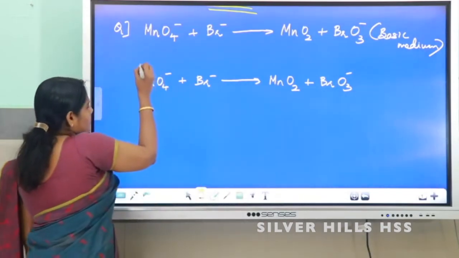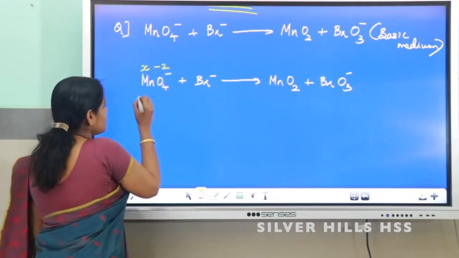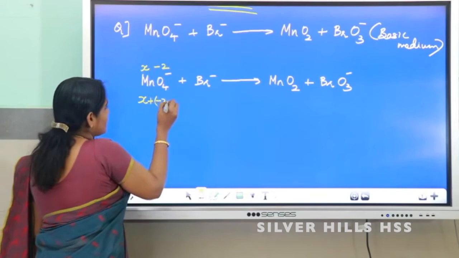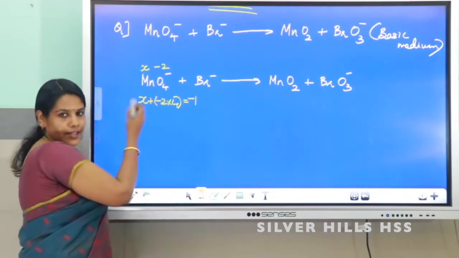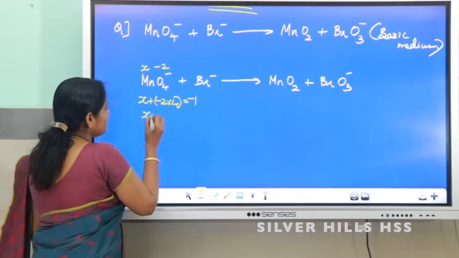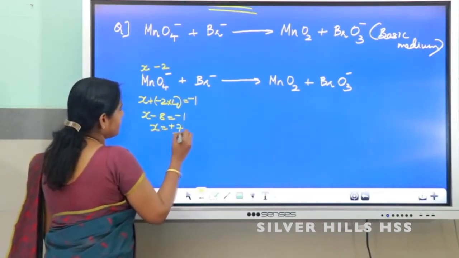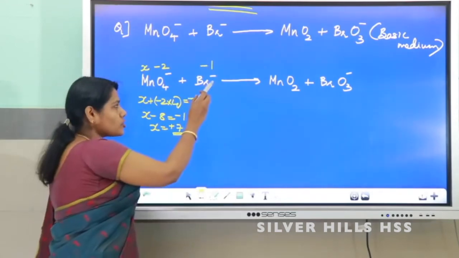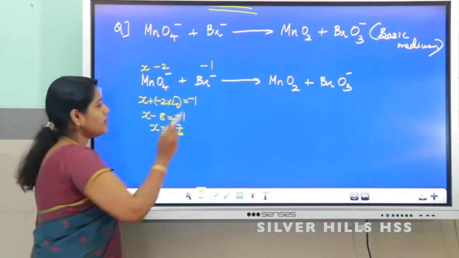We do not know the oxidation state of manganese, let it be X. Oxygen is -2, so X plus (-2) into 4, altogether it is -1 since it is a polyatomic ion. So X - 8 is equal to -1, X is equal to +7. Then bromine is a monoatomic ion, so its oxidation state is equal to the charge, -1.